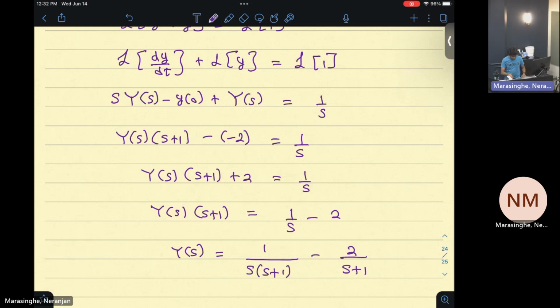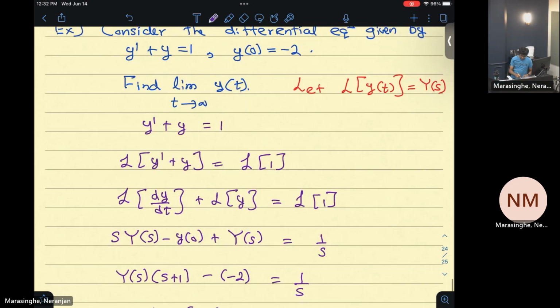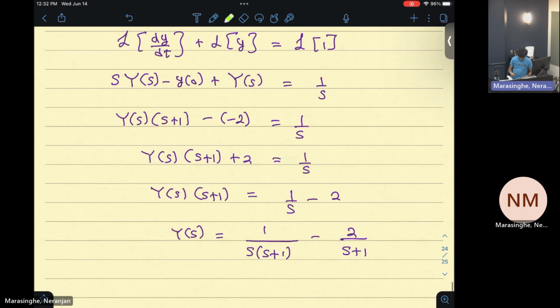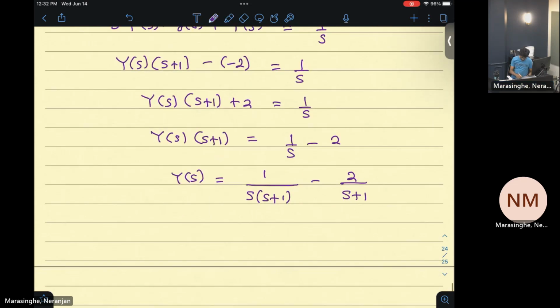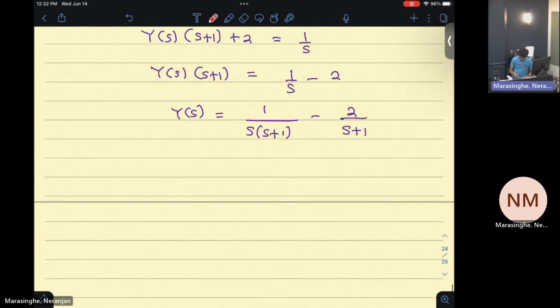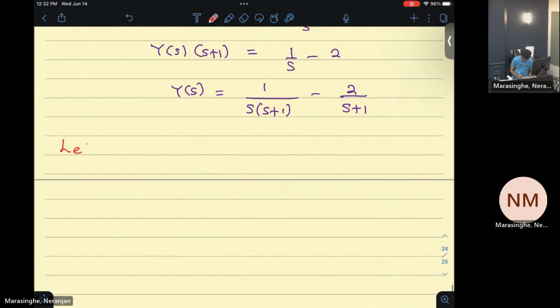So what is our problem? Our problem is to find this limit as t goes to infinity. That means what would happen to our system when time moves on. That's the idea. So now I'm going to apply the final value theorem.